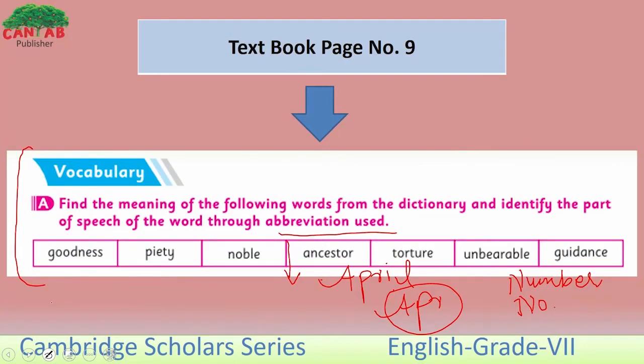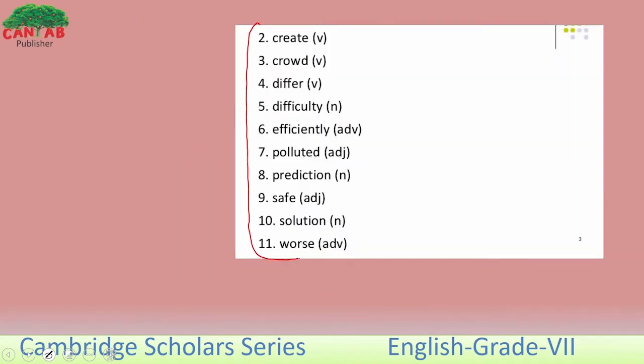So students, what you need to do is open your dictionary and find the meaning of these words in your thesaurus, in your dictionary, and you will find an entry like this. Here, if the word is a verb, a short abbreviated form of verb will be given like this.